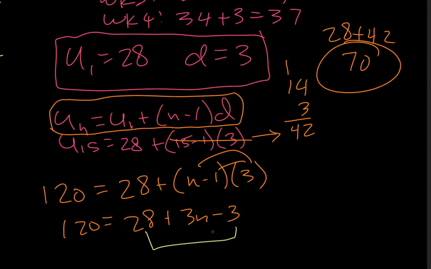We're going to combine these two, so that's 25 plus 3n equals 120.